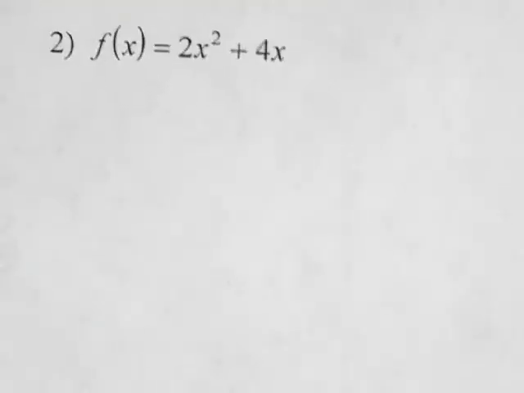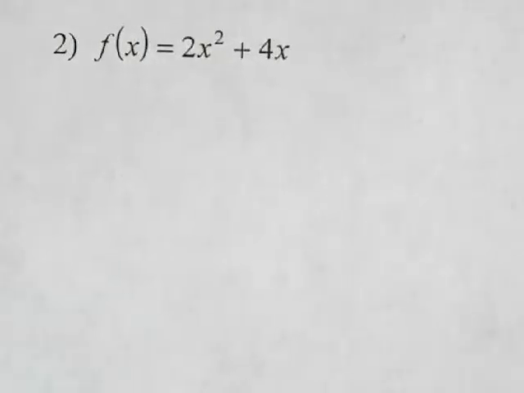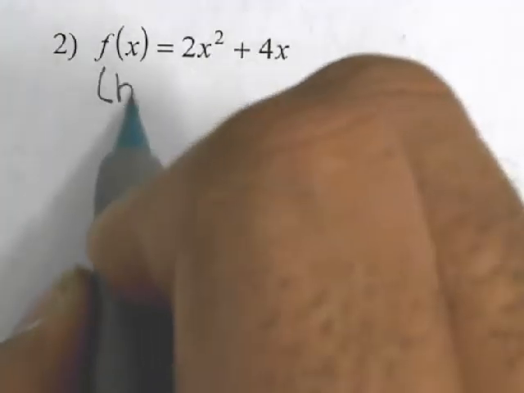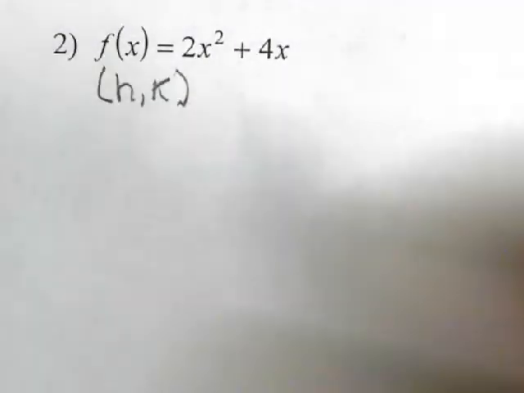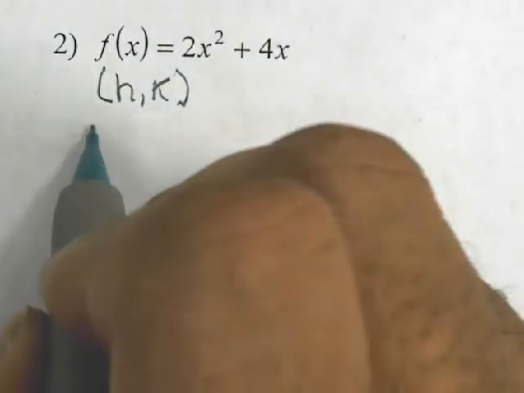Okay, let's look at number 2. Write number 2 down. So, we have to find h, k in order to get it in the vertex form. So we find h first.